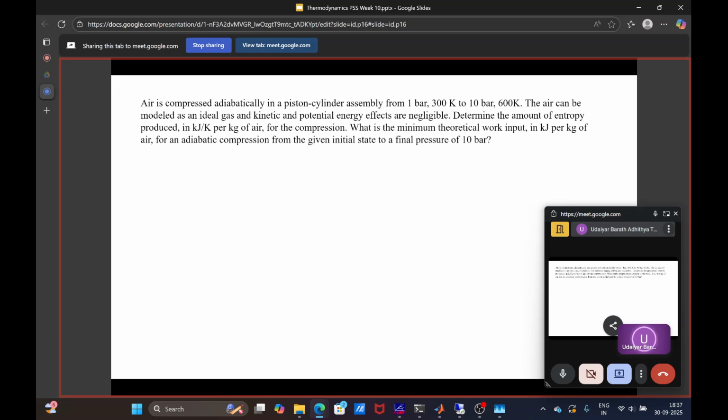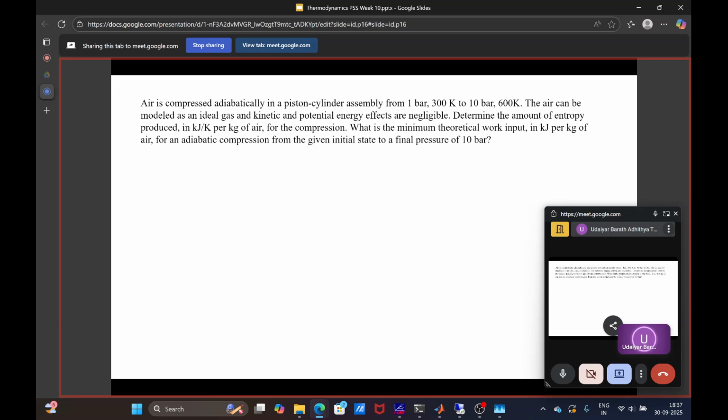The second part of the question asks what could be the minimum theoretical work to reach this 10 bar compression. So which other process can be taken? The adiabatic process follows a series of state points to reach 10 bar, and the final temperature is 600 Kelvin for this case. But there can be multiple other processes which can happen.